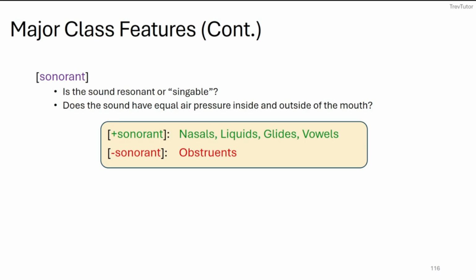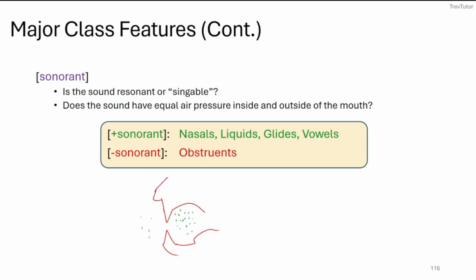Now, to me, that's a difficult way of explaining things, so I like to think about the air pressure discussion. So if these are your teeth, if there is more air pressure inside the mouth than there is air pressure outside of the mouth, so let's just do something like this so we can see that, okay, this is a face.